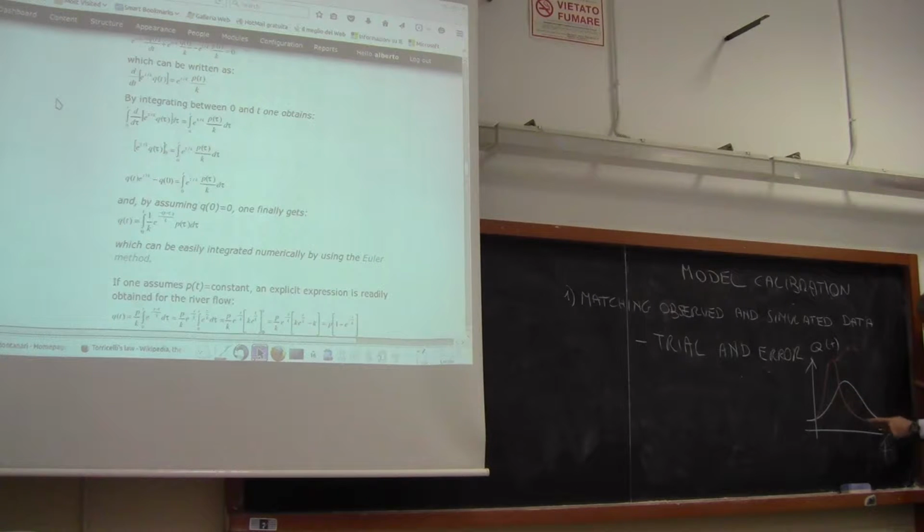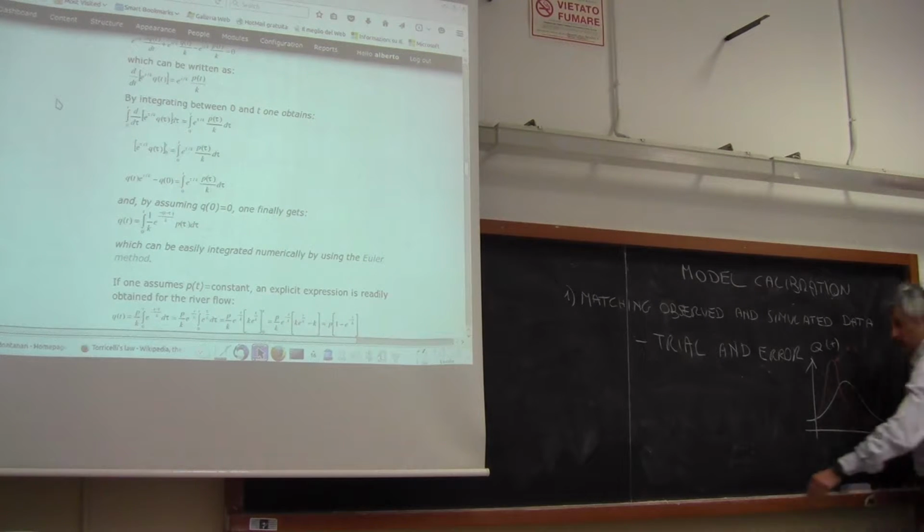But if you anticipate the peak, then you get a higher value for the peak. Of course, because if you compress the hydrograph, and the volume is unchanged, the peak goes up. So in this case, you see that the simulation is not fine. What would you conclude? That you need a higher K value, because you need to make the responses lower.